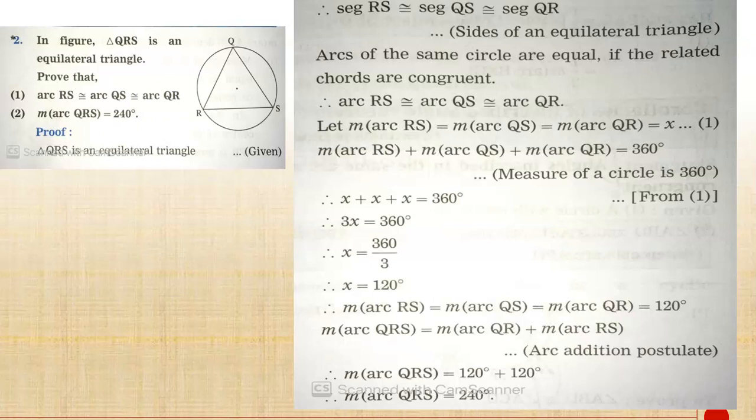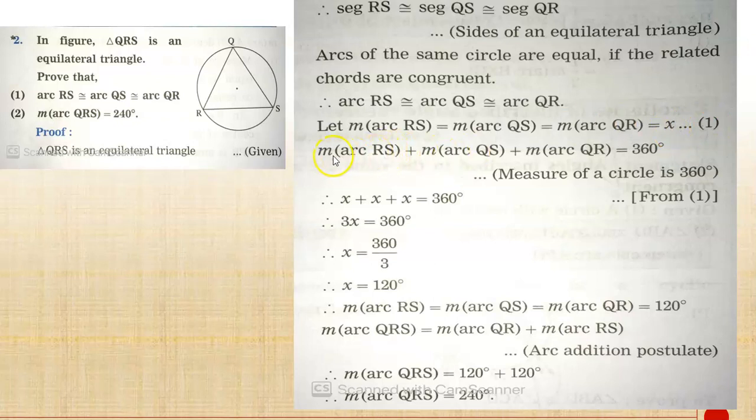I don't know the measures, so I'm going to assume them as x. So my next statement is: let measure arc RS is equal to measure arc QS is equal to measure arc QR is equal to x. And this is my statement 1.